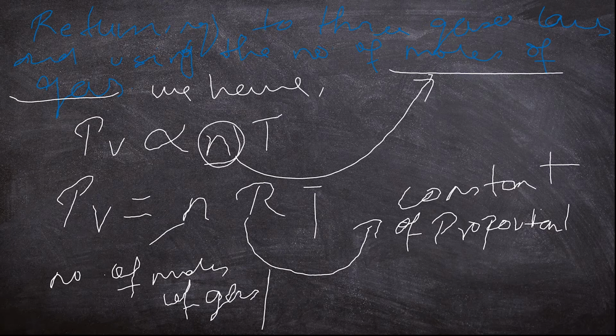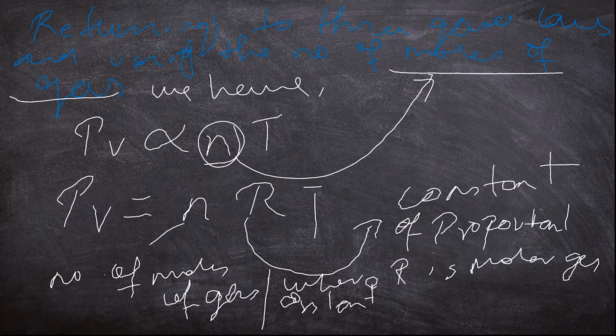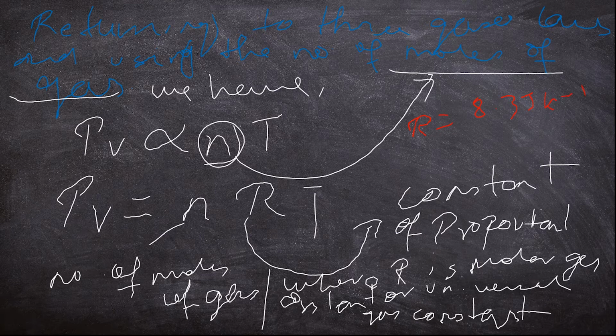Here R is the molar gas constant, or universal gas constant. The value of R is 8.3 joule per Kelvin per mole.